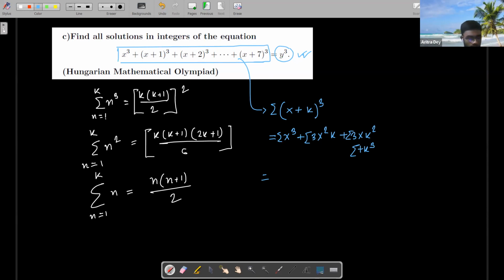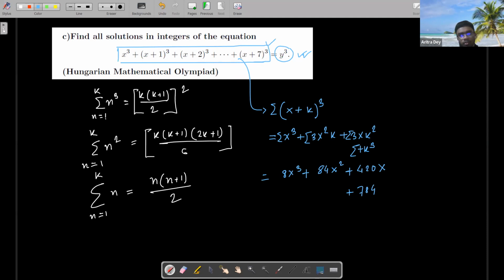If you take the sum, finally you will come up with this particular thing. Obviously 8x cube plus 84x square plus 420x, and the last term will be very trivial, that will be 784.